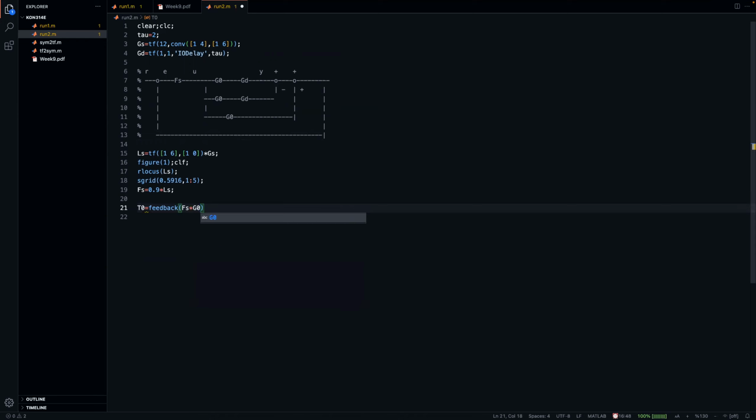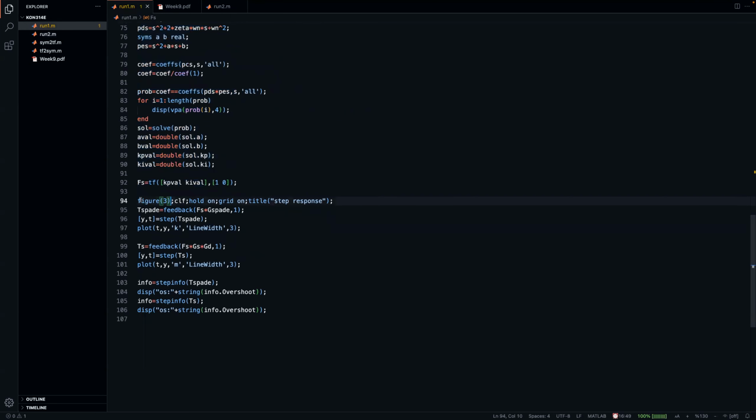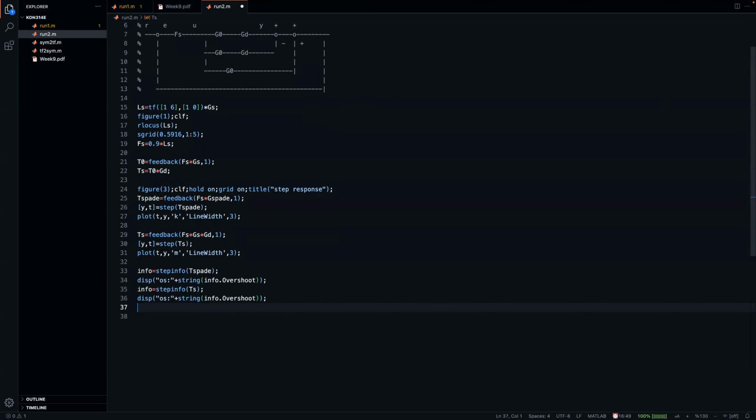What I'm going to do is just use GS, comma 1, and TS is going to be basically T0 times G delay, because I'm just adding the delay in the feed-forward path. Then I can just go ahead and take this figure here and plot it basically.